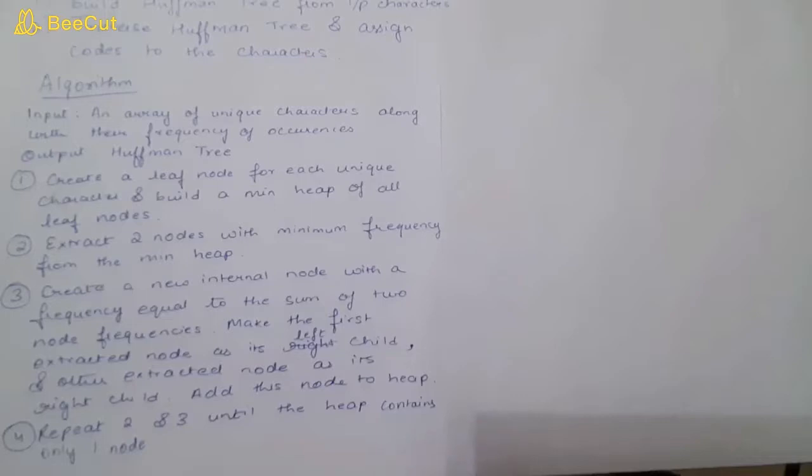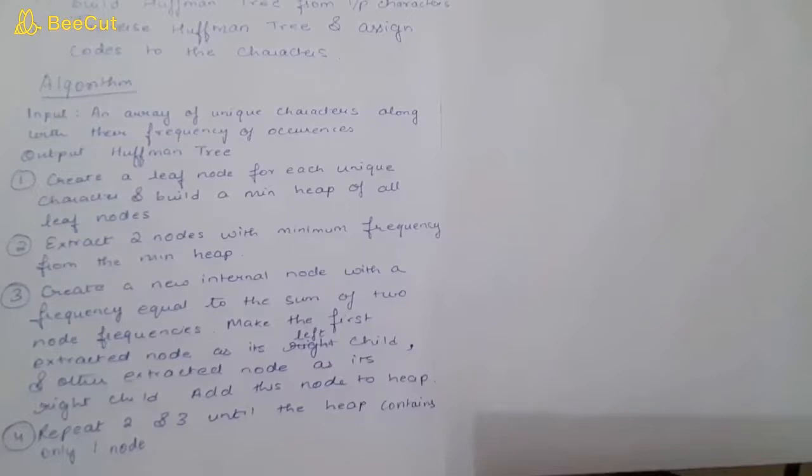Now how will we create a Huffman tree? The first step is that we need to build a minimum heap. Now, what is a minimum heap? A minimum heap is a binary tree. You must know about binary trees, that it's a tree with at most 2 children. You can have one right and one left child node.